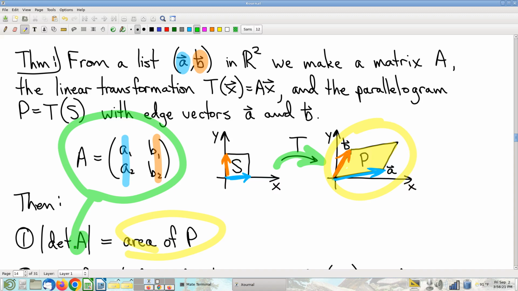Well, I could take the length of this edge. That's a magnitude. That involves square roots. And I could look at this angle. How am I going to compute that angle in the first place? But I guess I could compute that angle, and then I would take the sine of that angle and multiply by this length, which is a square root, and then multiply all of that by this length, which is a square root. And you've got square roots and trig and hard calculation.